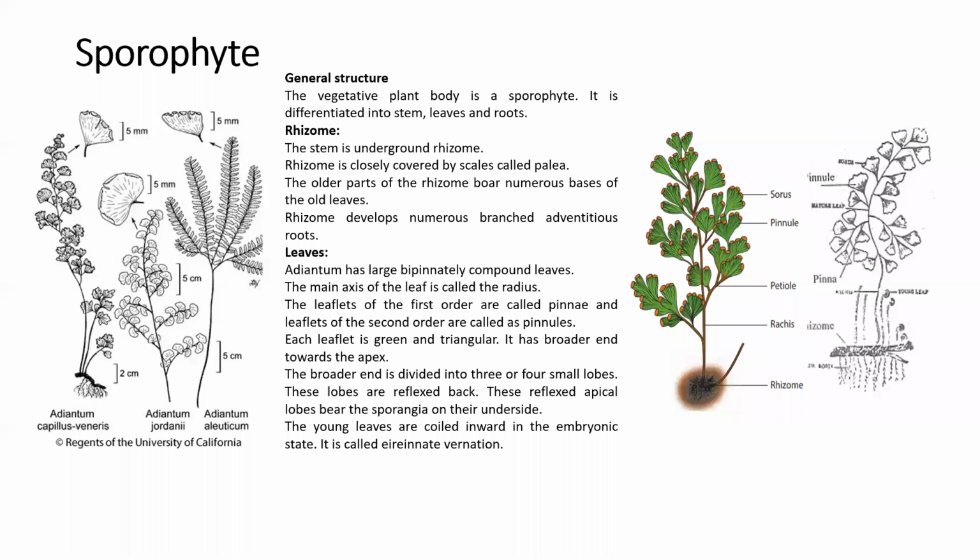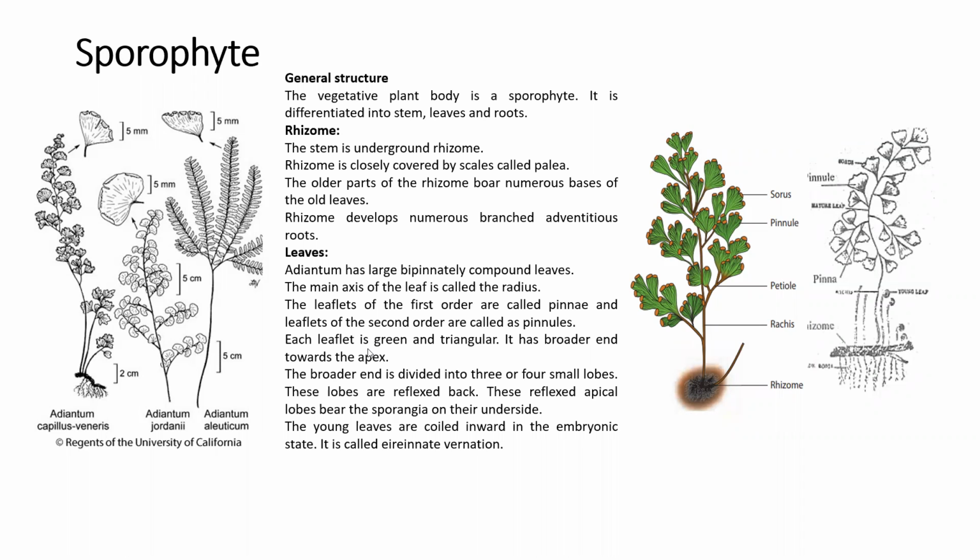The leaflet of the first order is called pinna. These are the pinna. The leaflets of the second order are known as pinnules. These are the pinnules, and the first order leaf is known as pinna.